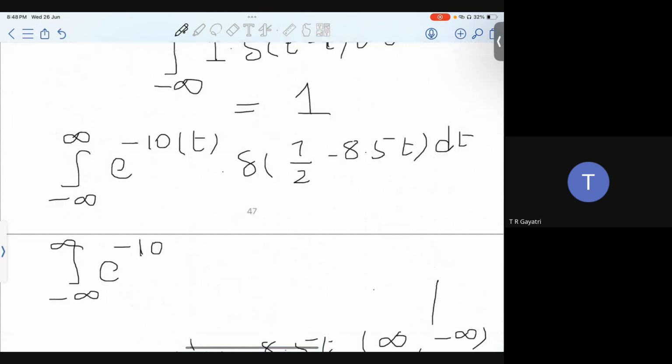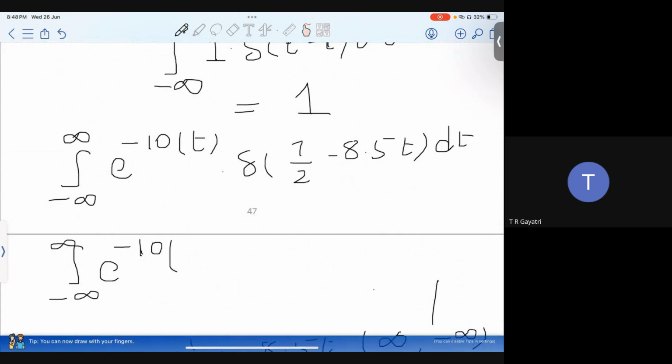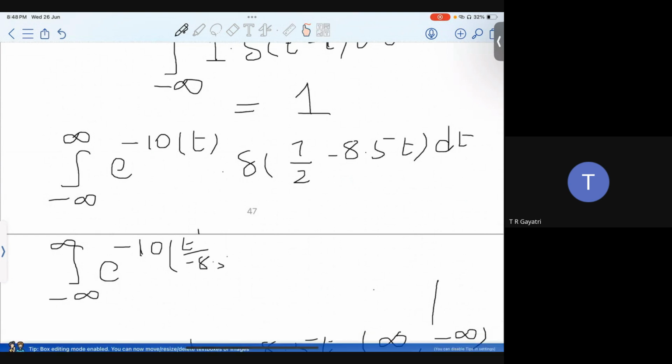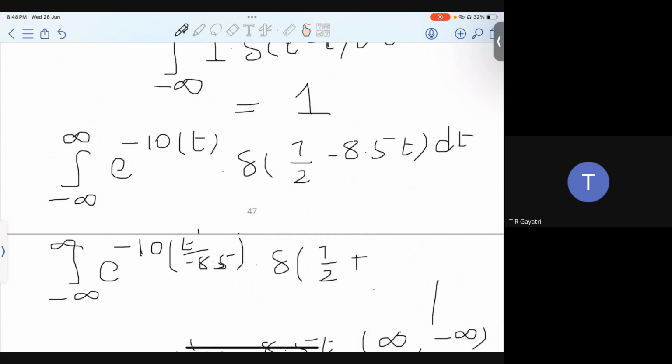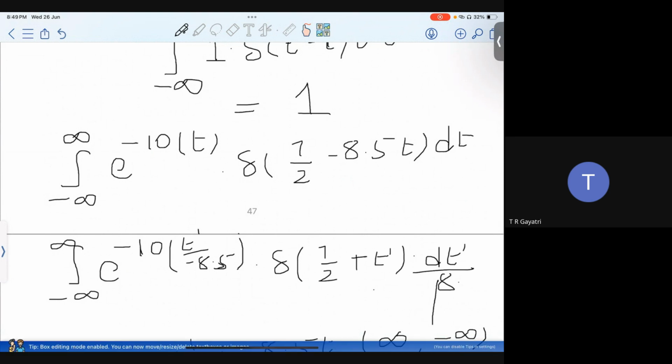So this is t prime divided by minus 8.5, times del of 7 by 2 plus t prime, times dt prime divided by 8.5. Is that okay?